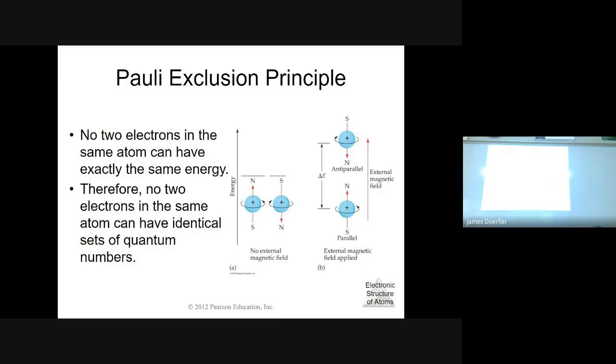Okay? Each has a unique location. And because of this statement, no two electrons in the same atom are going to have identical sets of quantum numbers. Okay? Now, I'm going to let you digest this information just a little bit.